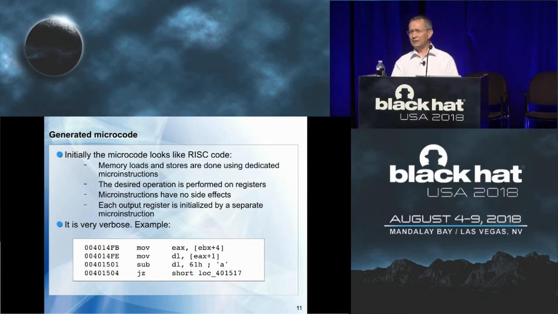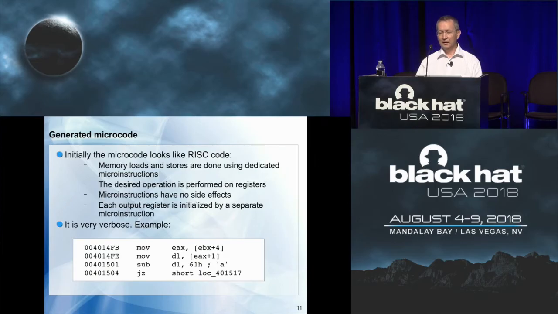The easiest thing, I think, is just to show you how it looks, so let's take these 4 very simple x86 instructions. Apparently, we access memory. We read from EBX plus 4. Apparently, it is a pointer, because the next thing we do, we read a byte from EAX plus 1.